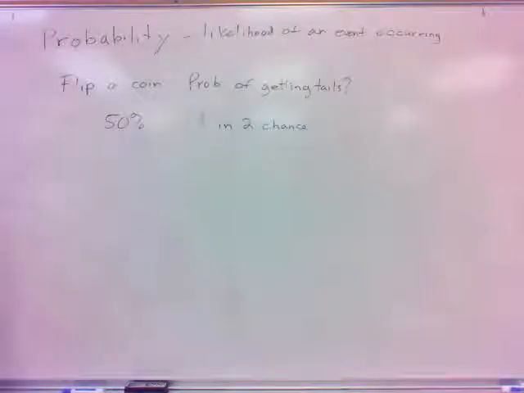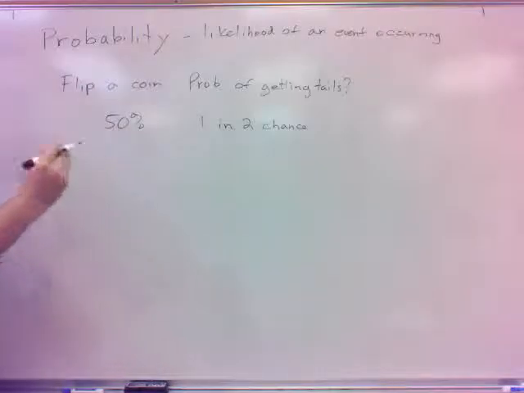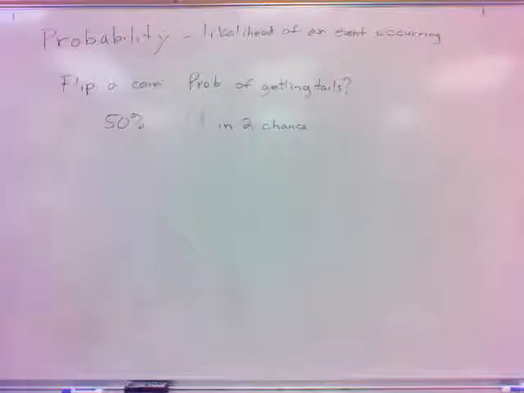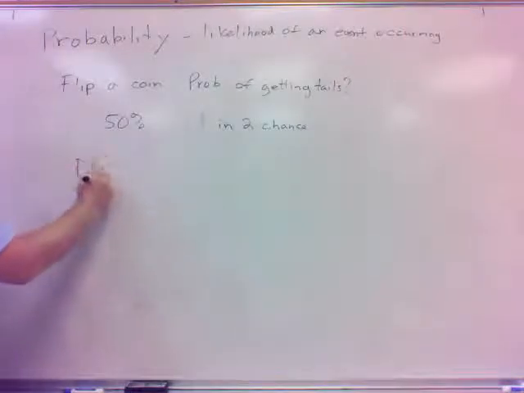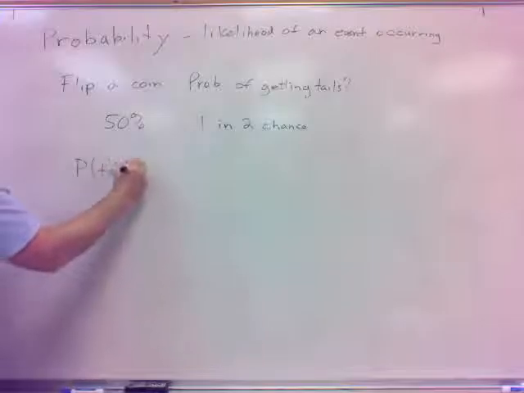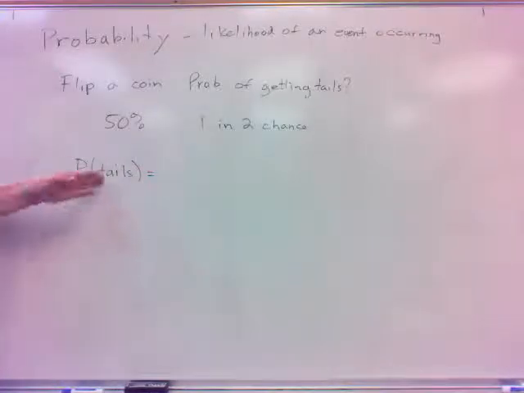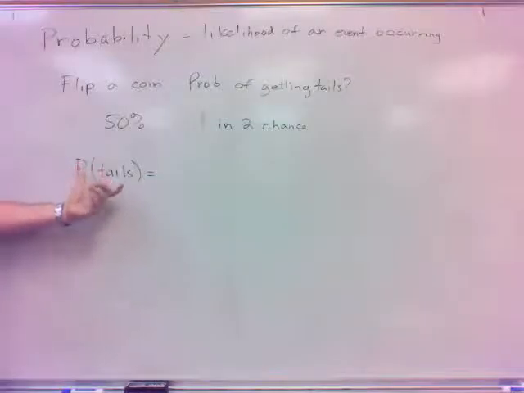Now, the way most often that we'll list probability, especially here at the beginning, is as a fraction. So if I were going to ask you what fraction you would say the probability of getting tails is, what would you say? 1/2? Yeah, so here's a notation: P parentheses tails, probability of tails. So you see P and then parentheses with something in it.